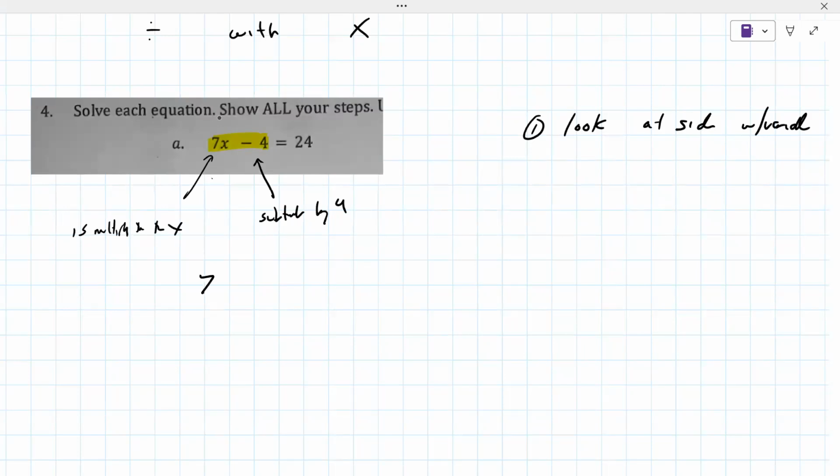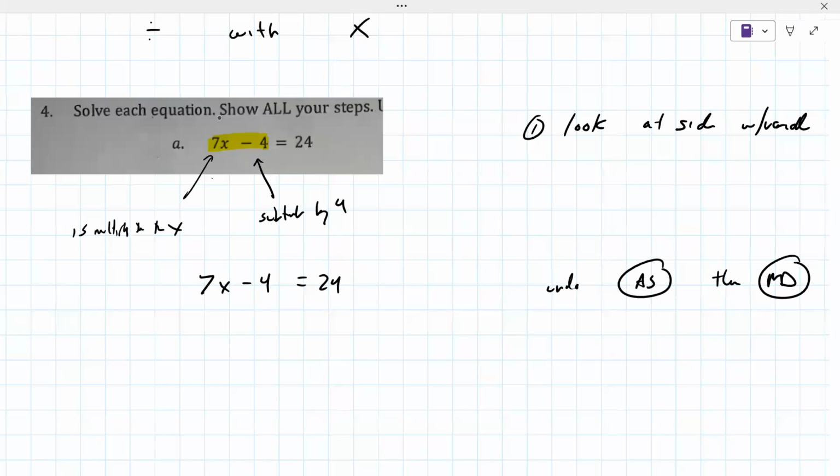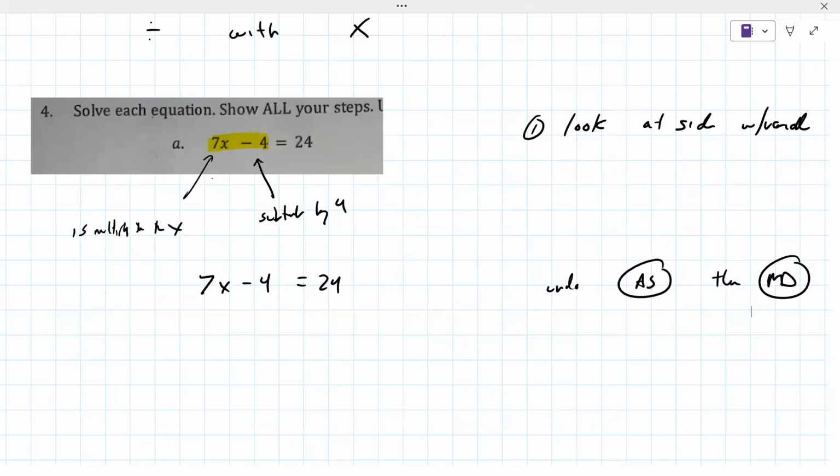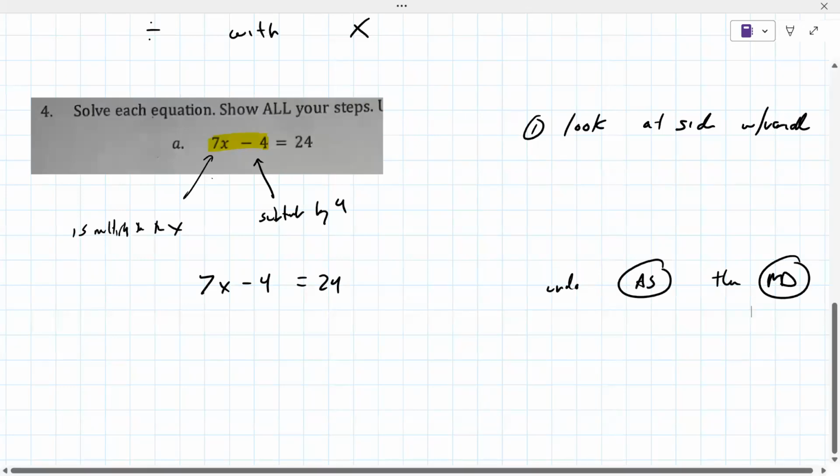So which do you undo first? Well, we said in the previous problem, you undo addition and subtraction first, then multiplication and division. So how do you undo subtraction by 4? What is the opposite operation? Addition. So you're going to add 4 to both sides.